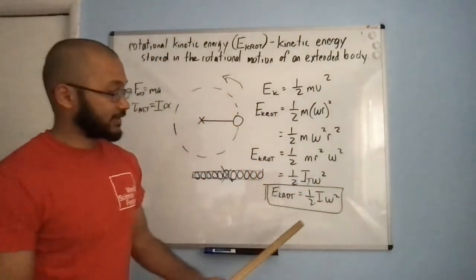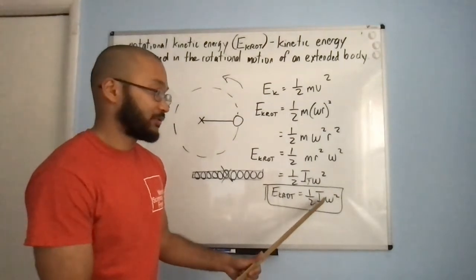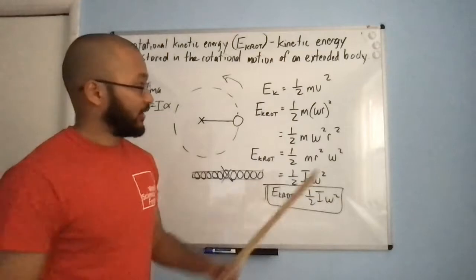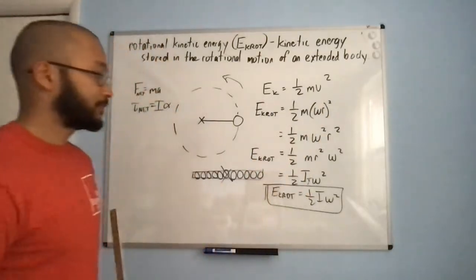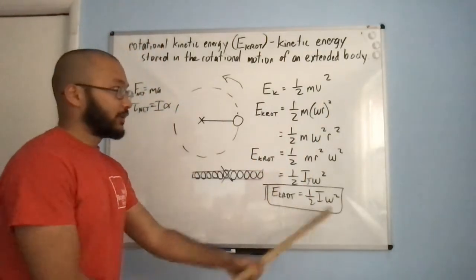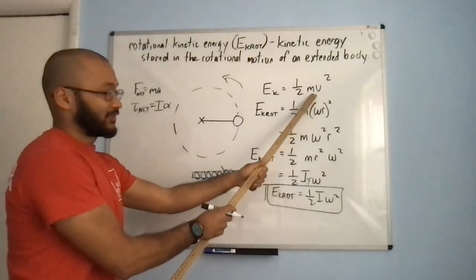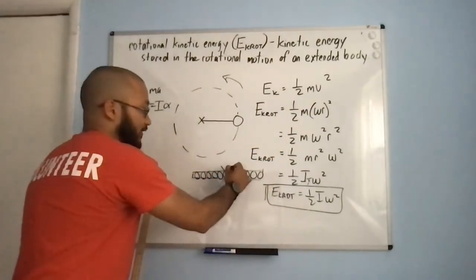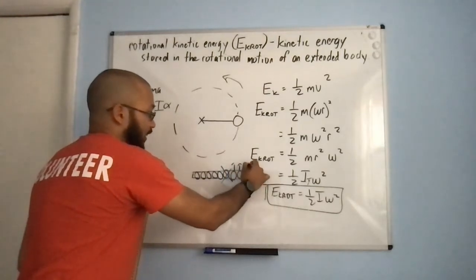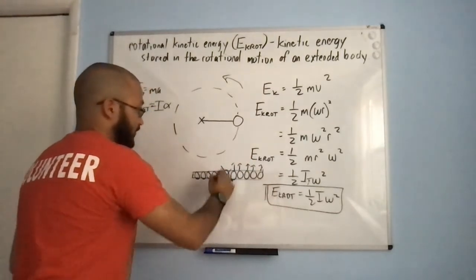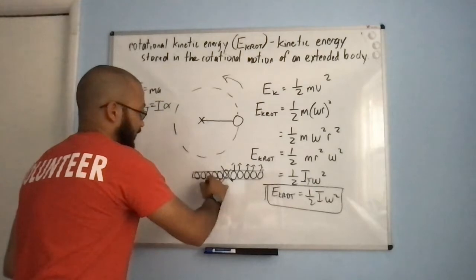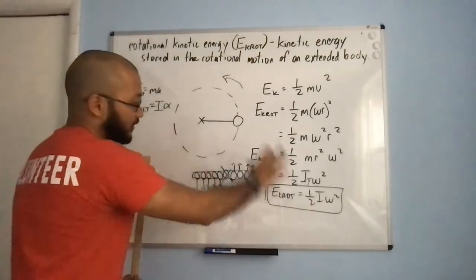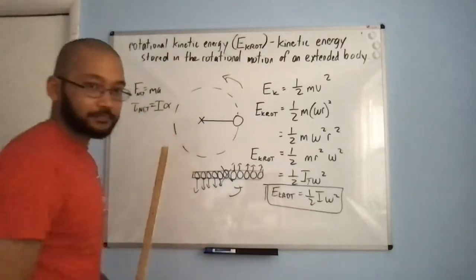It is analogous in the sense that it's 1/2 times your rotational mass times your rotational velocity squared, so it looks very similar to our regular equation. This isn't anything new. It's just plain old kinetic energy, but of these extended objects. They all have kinetic energy, and the rotational formula sums this all up and puts it into one slot.